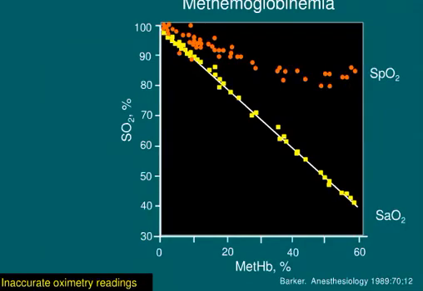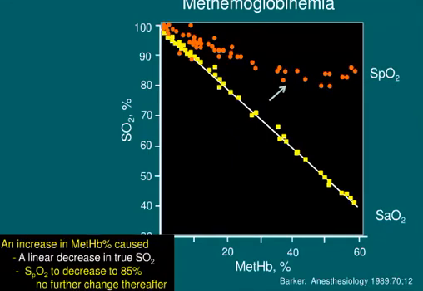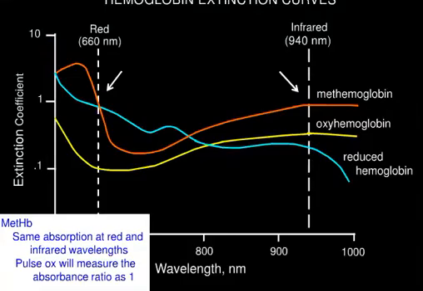Methemoglobin can also cause inaccurate readings. And here, as the methemoglobin was increased, there was a linear decrease in oxygen saturation, SpO2 decreased, but then it plateaued at 85%. And beyond that, it didn't change. And the reason why that occurs with methemoglobin has to do with the absorption curves.